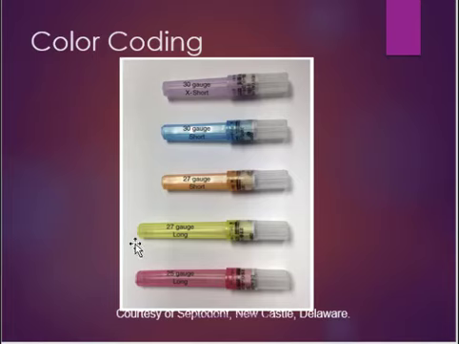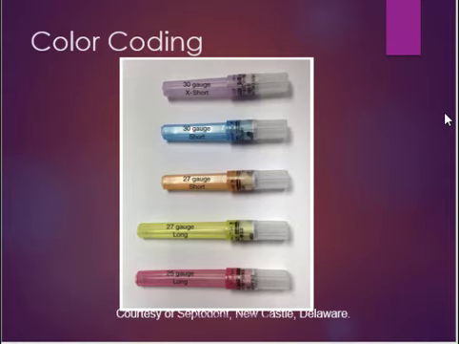There's also different color coding for the needle length and gauge, and we're going to talk about needle shields, which protect the needle that is inserted into the tissue, as well as the cartridge penetrating end of the needle. So the needles are enclosed in needle shields that protect the needle and also the portion of the needle that gets inserted into the cartridge end.